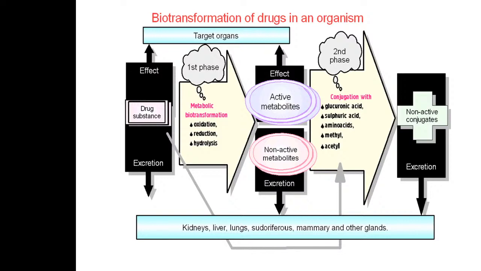For example, liver, lungs, and metabolism of any molecules, including drug molecules, in these organs is higher. But the most specific organ of drug metabolism is the liver. Most drugs are metabolized in the liver by hepatic enzymes.